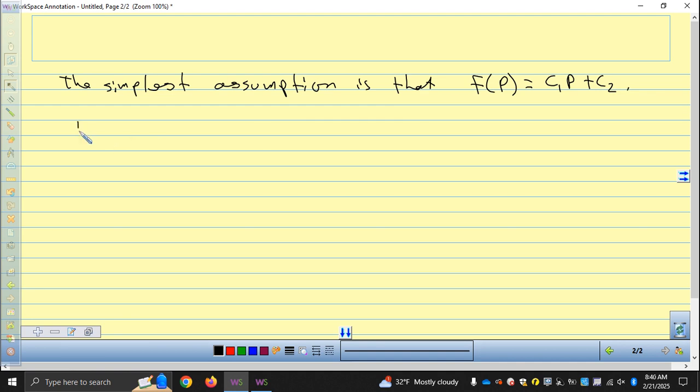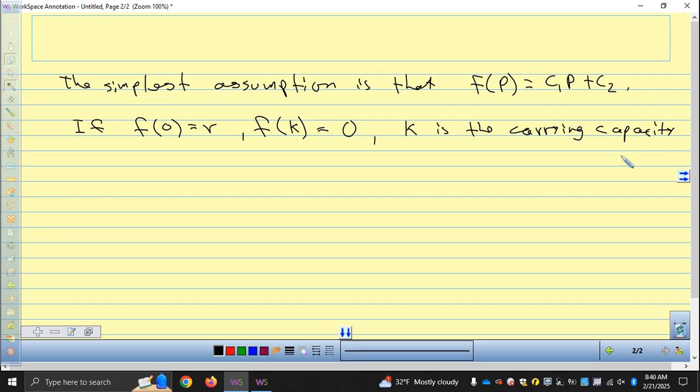If we let f of 0 equal r and f of some value k equal 0, and we call k the carrying capacity, and the carrying capacity is, we could also think of it as the limiting population.